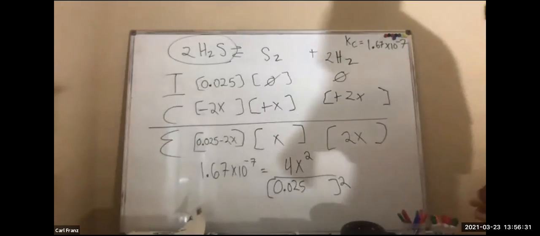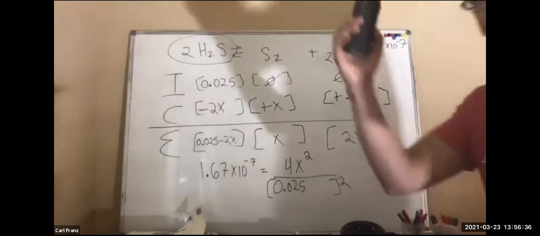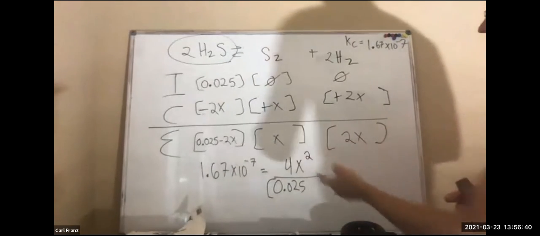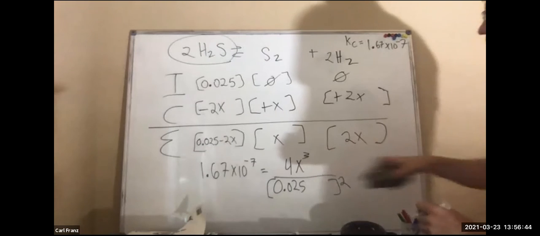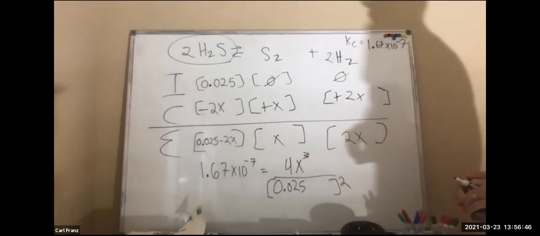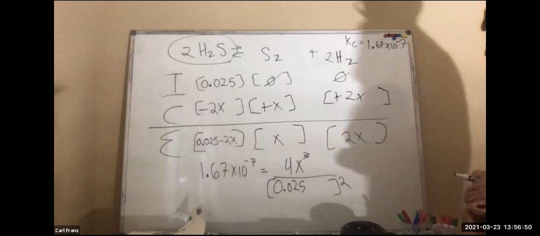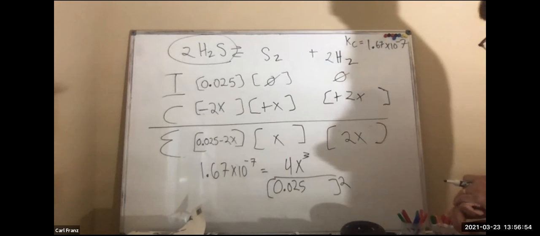Because 2x squared is 4x squared, times an x is an x cubed over 0.025 squared. And so that would be what?